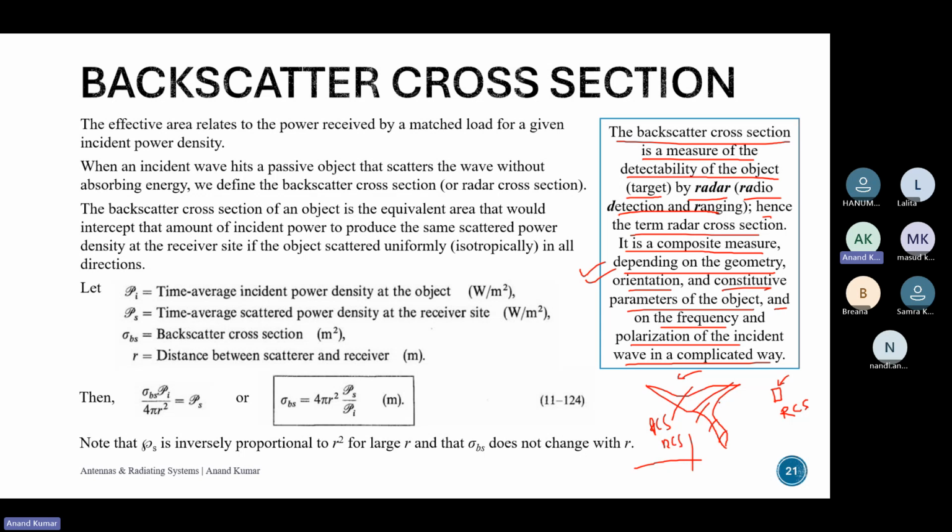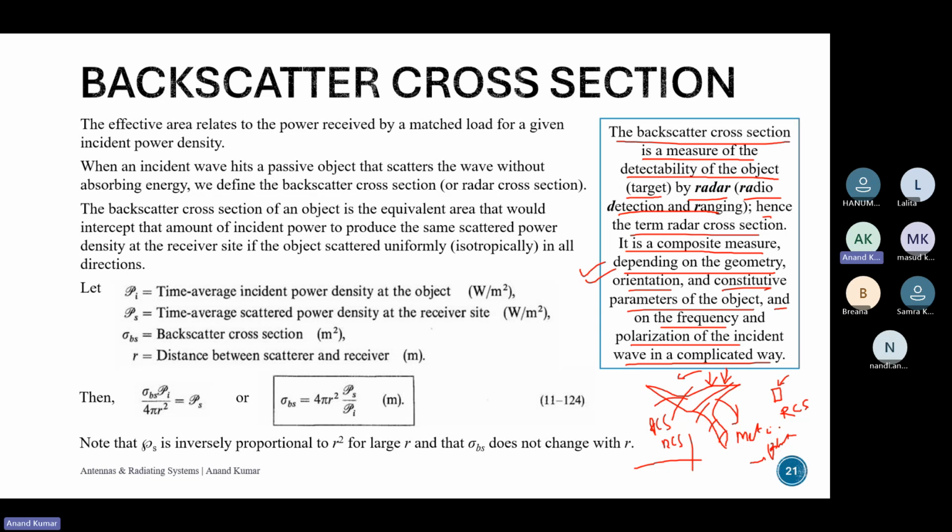Or if its material is changed from metal to plastic, its RCS will again reduce. Again, at certain frequencies, some materials will have a higher RCS than the others, and also depending upon the polarization of the wave, if it is reflected back.